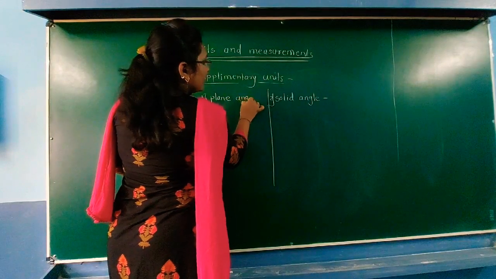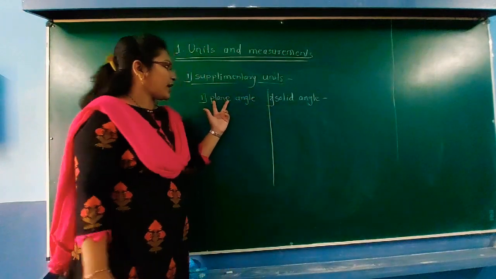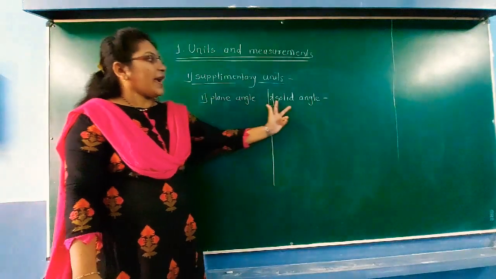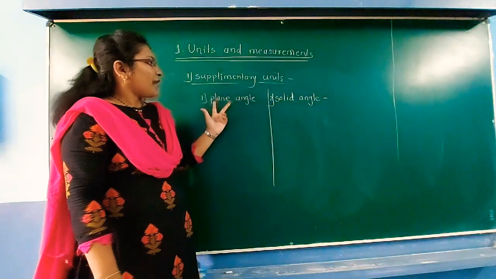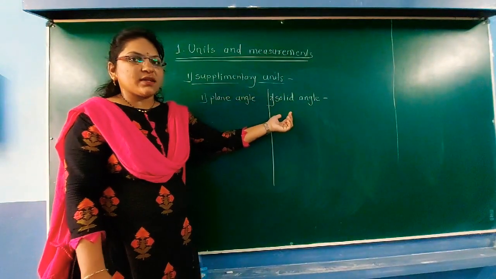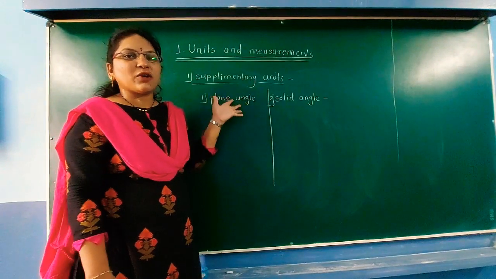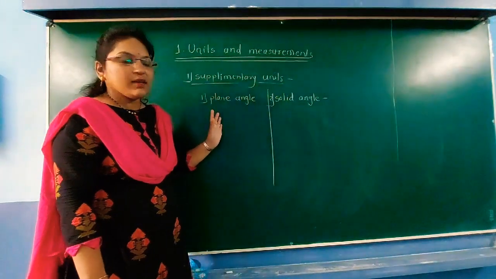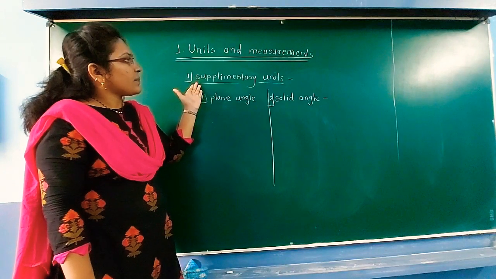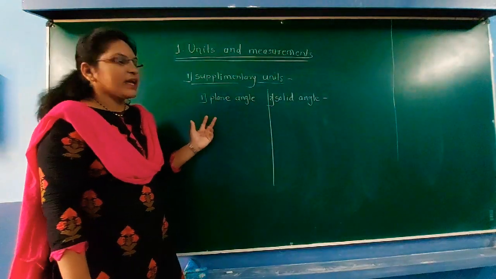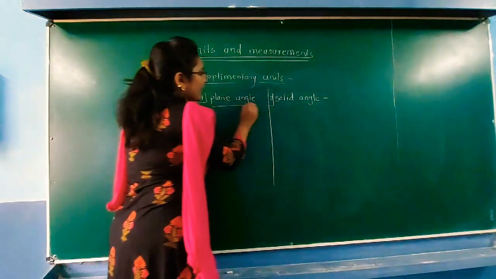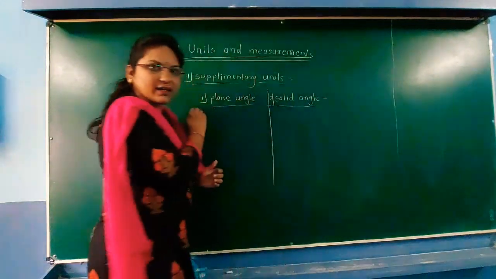Plane angle and solid angle are measured in some units, and the units of these physical quantities are called the supplementary units. Then what is the plane angle and what is the solid angle?